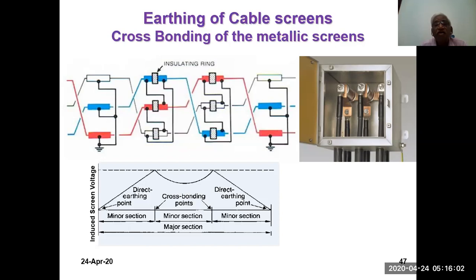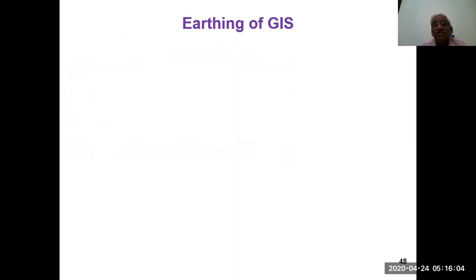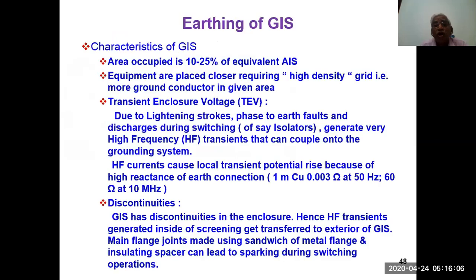Earthing of a GIS. Characteristics of GIS: the area occupied is 10 to 25% of the equivalent air insulated substation. GIS is gas insulated substation. Equipment is closer, requiring a high density grid. That means in this case we have better insulation, so we are keeping them much closer.